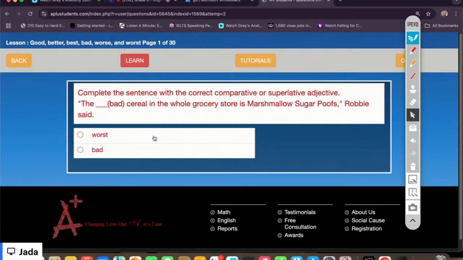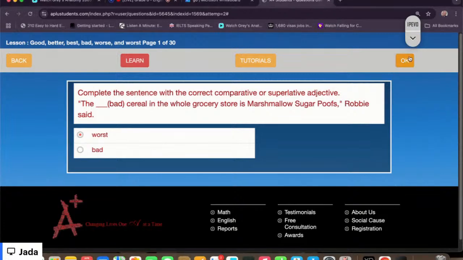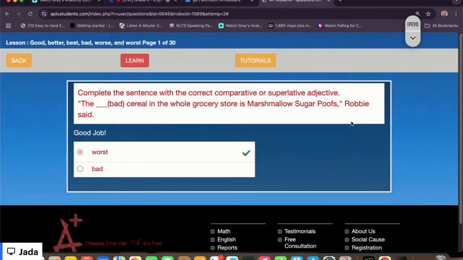All right, so we have worst. You can see that this is comparing the cereal in the whole grocery store. So it's not comparing just one cereal, it's comparing the whole store. So of course they're going to have a larger group.